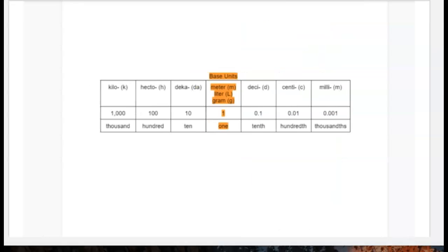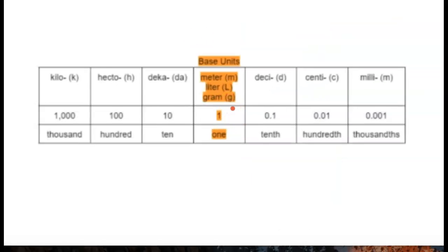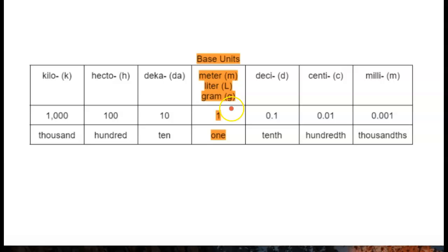This handy little chart we're going to spend more time looking at in class, but again, one of everything is here, and it's just like a place value chart. So you could have 1 gram, 1 liter, 1 meter. And if you want to know what a decimeter is, it's 1/10 of a meter. Divide by 10, divide by 100, divide by 1,000.